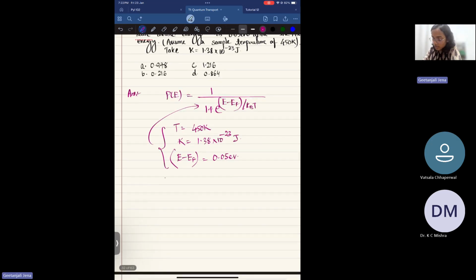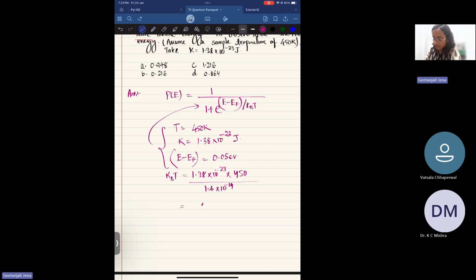So let me just solve it. So kBT is 1.38 into 10 to the minus 23, temperature is given 450. You can also divide it by 1.6 into 10 to the minus 19, so that you can get the energy in terms of electron volt.